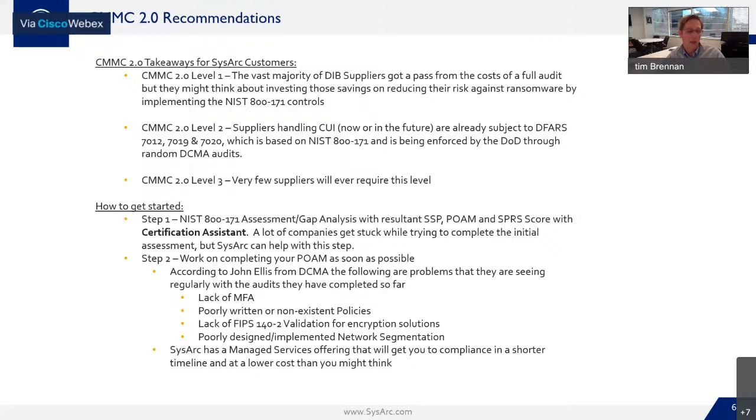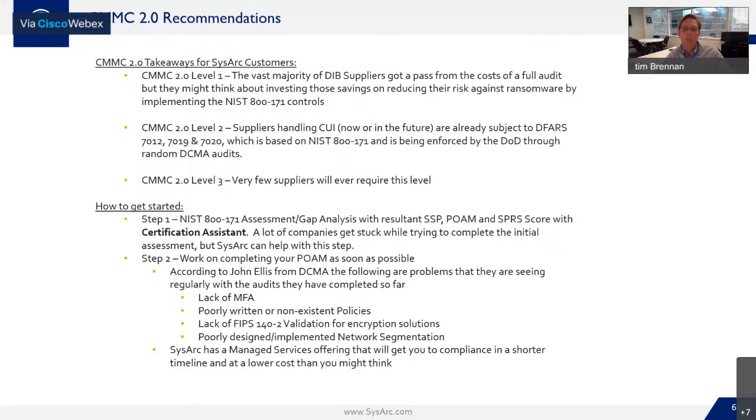If the estimates are correct, there's 300,000 or so DIB suppliers, and 250,000 of those were going to fall into Level 1. The costs associated with getting an audit were significant, and so they let them take a pass on that.